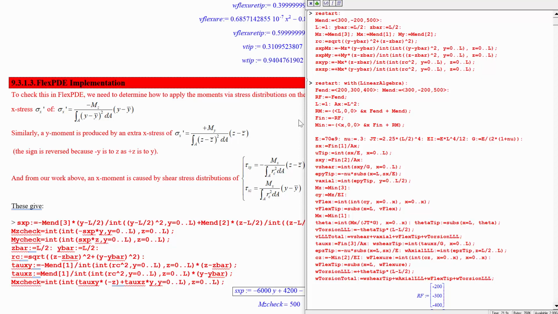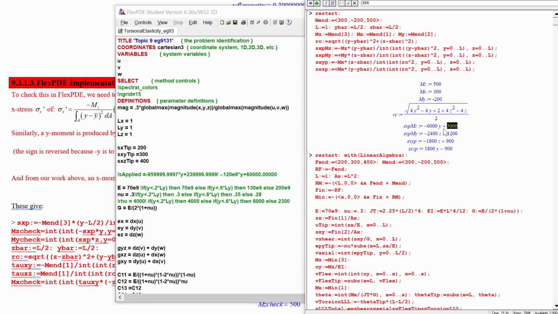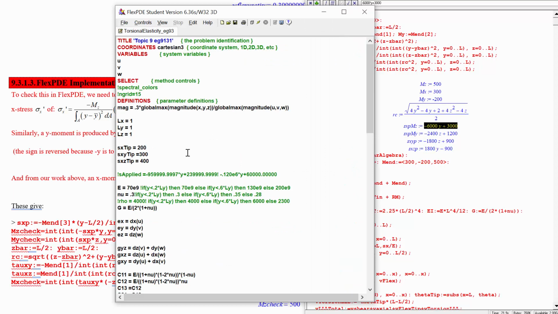So this is going to give four functions, two of which we have to add to our x stress to get the bending moments that we wanted. Those are produced by x stress distributions that depend on y and z.